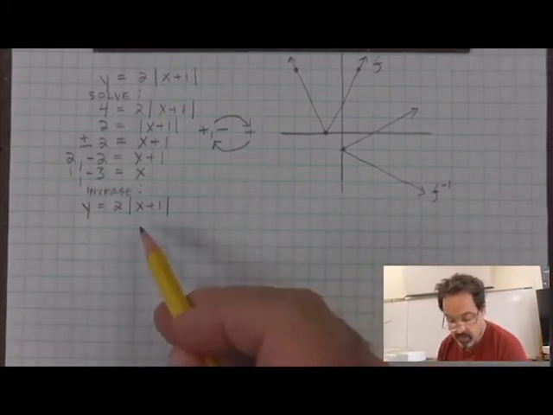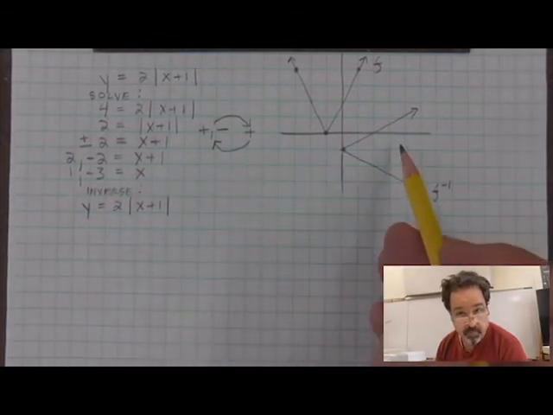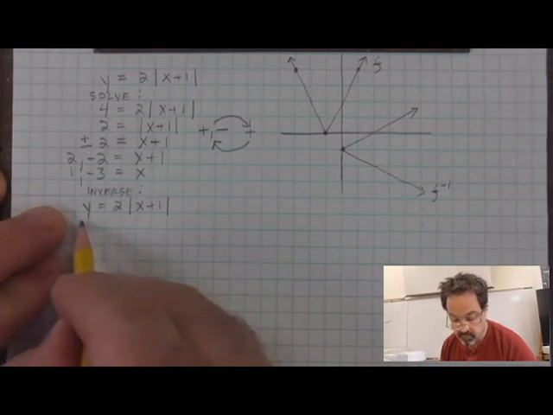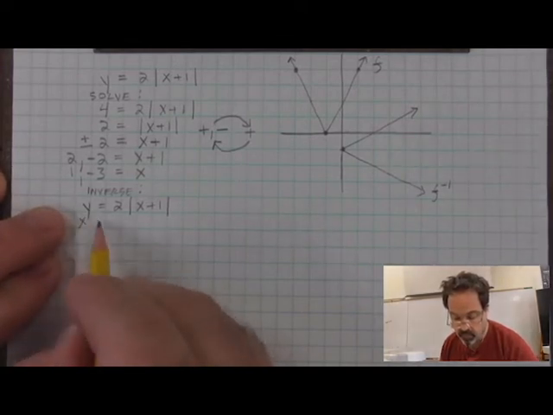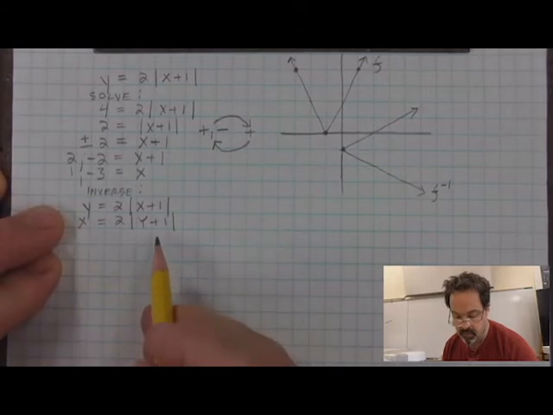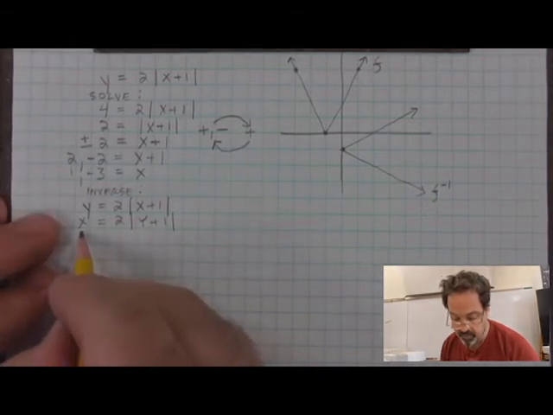But how do we use the process of finding an inverse to confirm that? Well, the process of finding an inverse starts with swapping x and y. So where I have a y, I write an x, and where I have an x, I write a y. And then I'm going to solve for my new y. Like before, I'm going to divide both sides by 2.